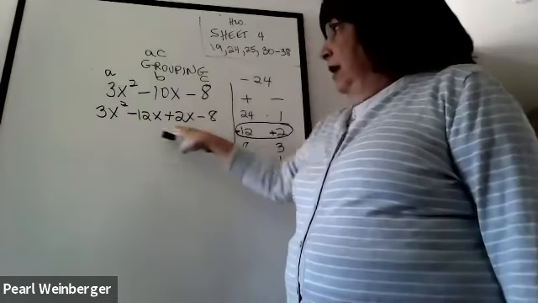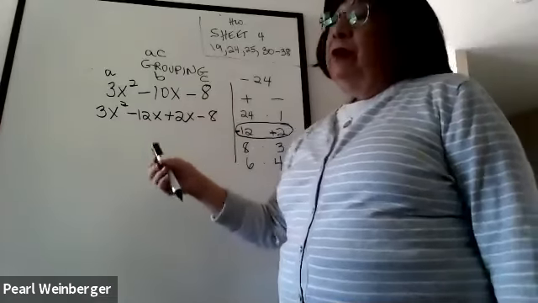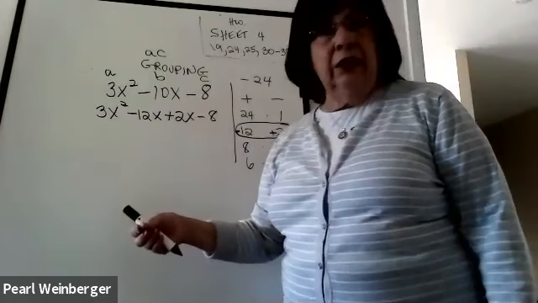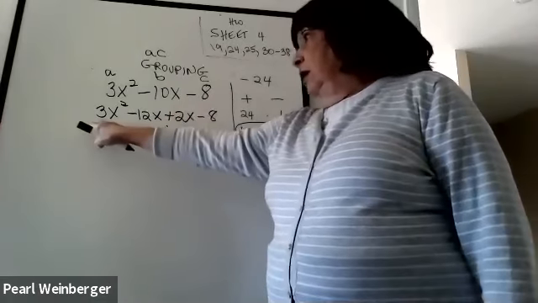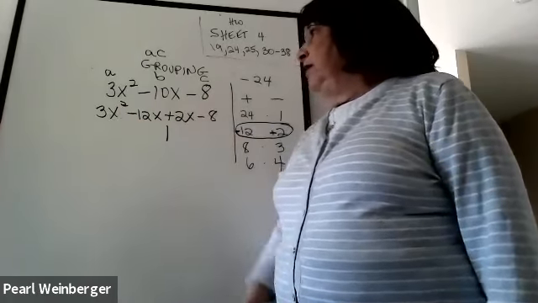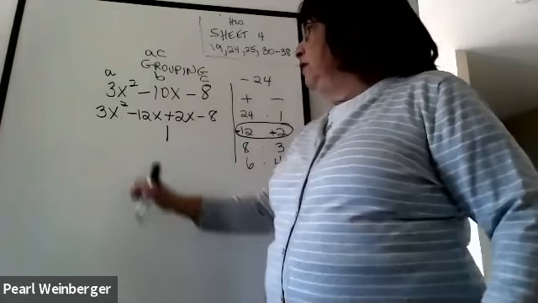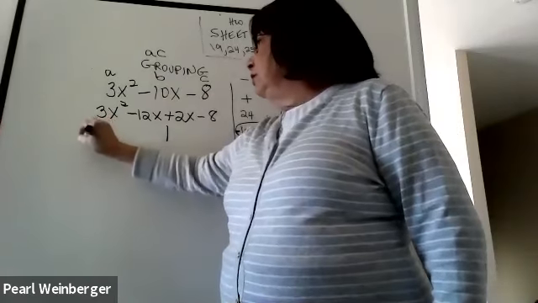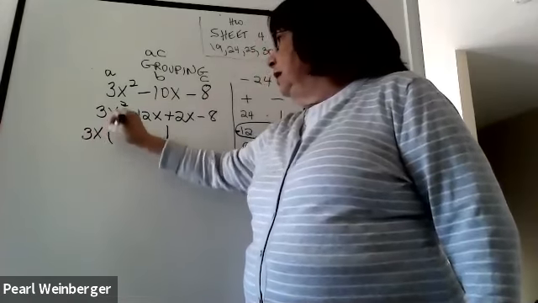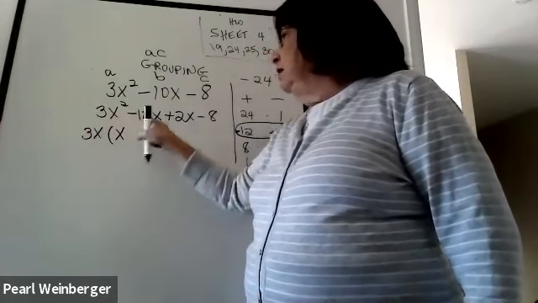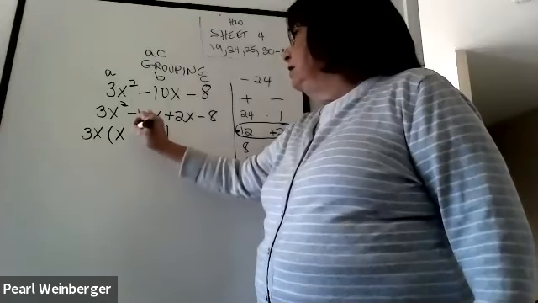Now, the object of doing this is that once I have 4 terms, I can use grouping to factor. I group my first two. In my first two, 3x squared minus 12x, my common factor is 3x. 3x into 3x squared gives me x. 3x into negative 12x is negative 4.